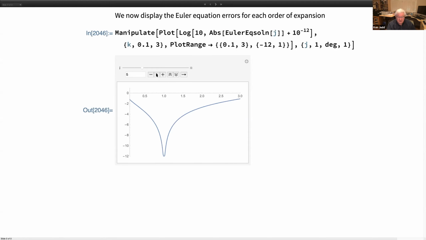Let's watch the movie. Down, down, down. So notice that, of course, you've got the same wacko stuff going on over on the right-hand side of the diagram, but between 0 and 2, the log base 10 errors are moving down monotonically.